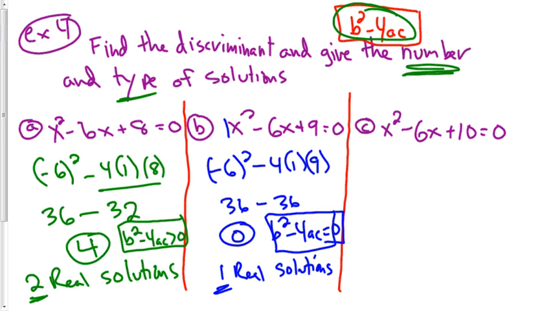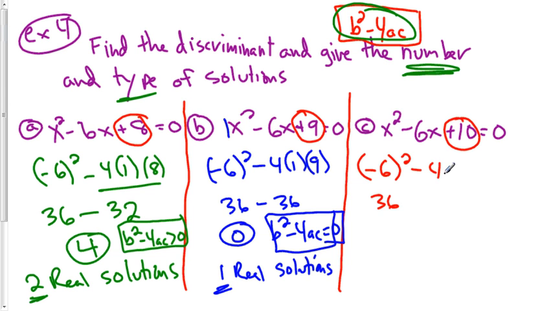Okay, and now the last one. And again, notice all we changed was this one was 8, this one was 9, and now this one's 10. So b squared, that's negative 6 squared, which is going to be 36, minus 4 times a is 1, times c is 10. 36 minus 40 is negative 4.